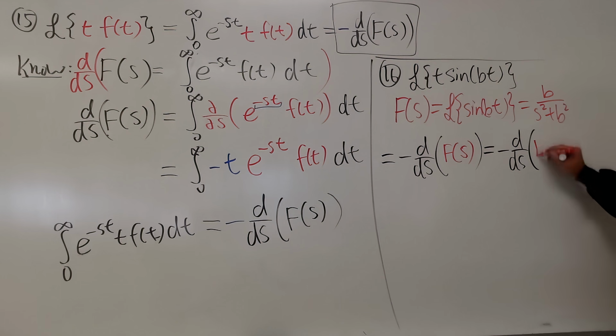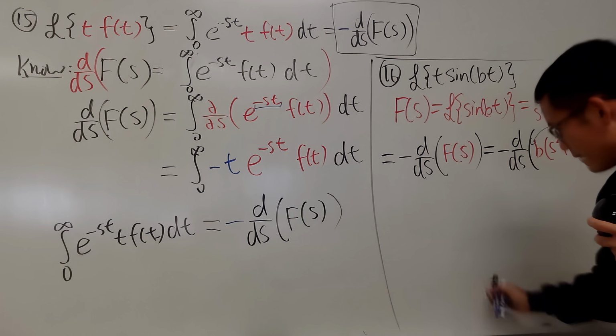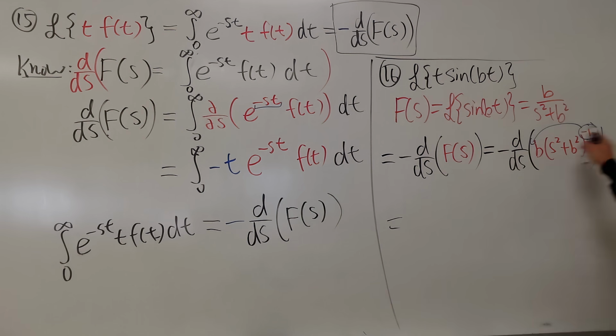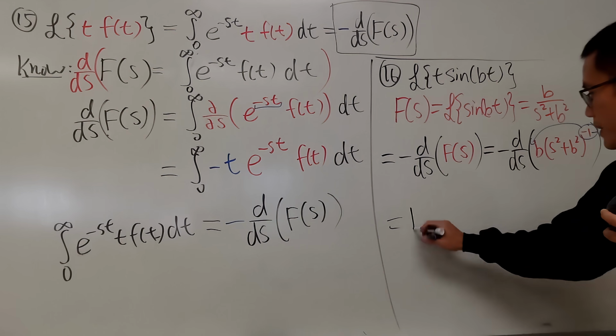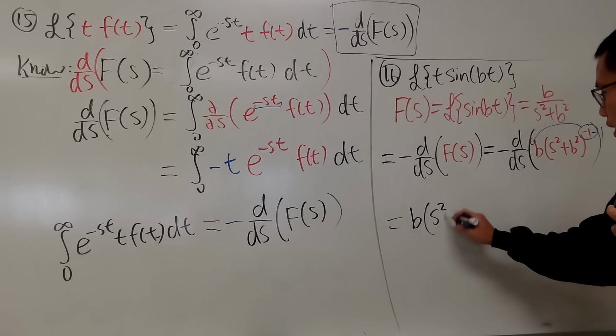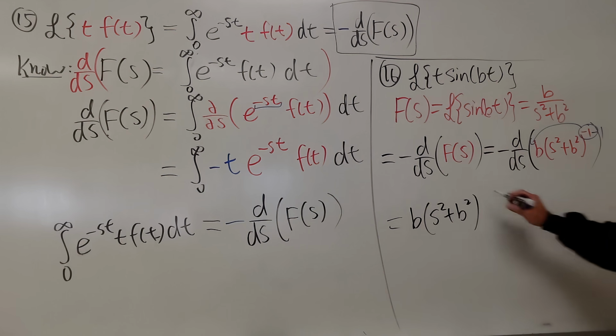So we can write this as b times s squared plus b squared to the negative 1. Pretty nice, huh? Now bring the power to the front, minus 1. Negative times negative is going to give you positive, so that's good. And then we'll just have b times parentheses s squared plus b squared to the negative 2 power.